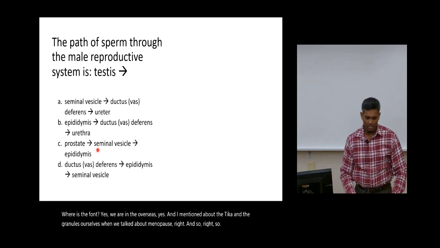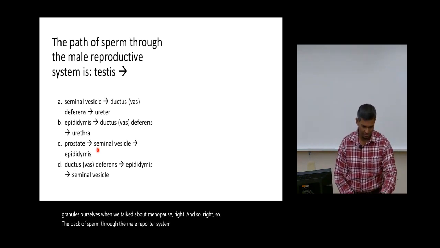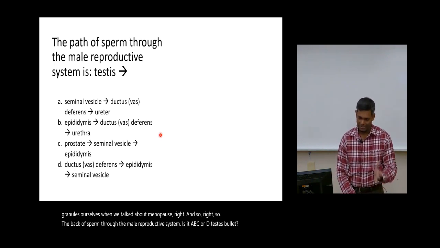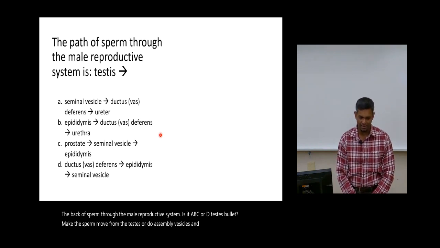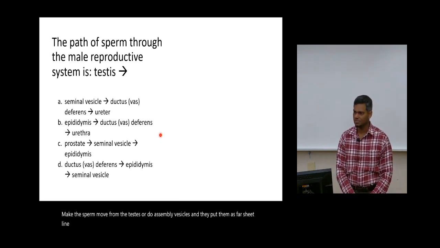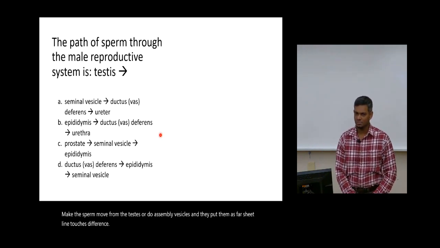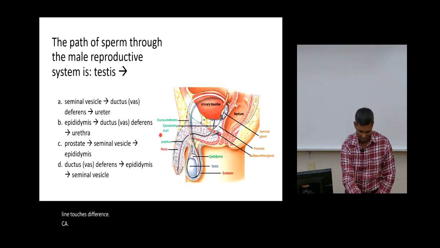The path of sperm through the male reproductive system is it A, B, C, or D? Testes, will it make the sperm move from the testes or into the seminal vesicles, in the epididymis, prostate gland, ductus deferens? C? A? The answer is right here in this slide.